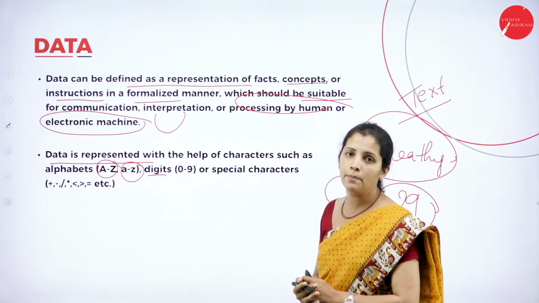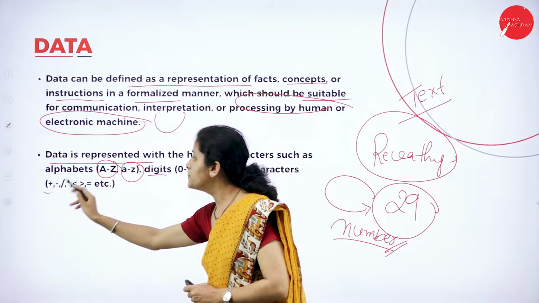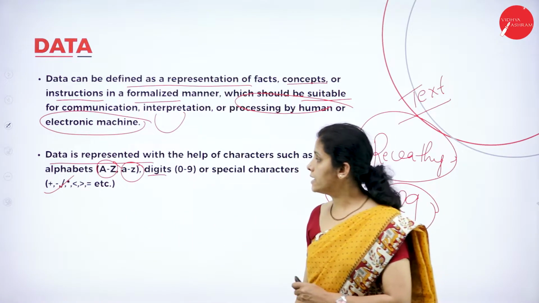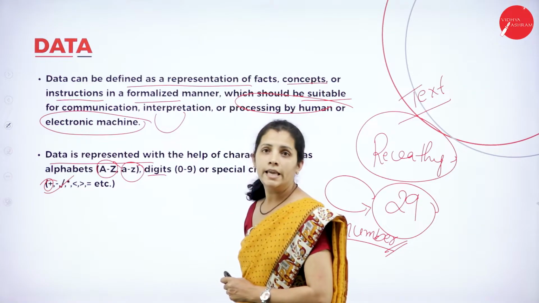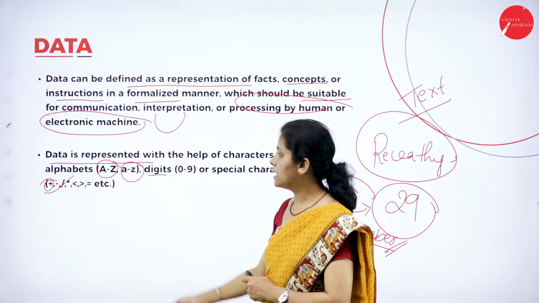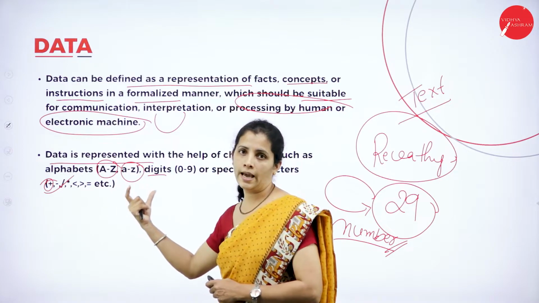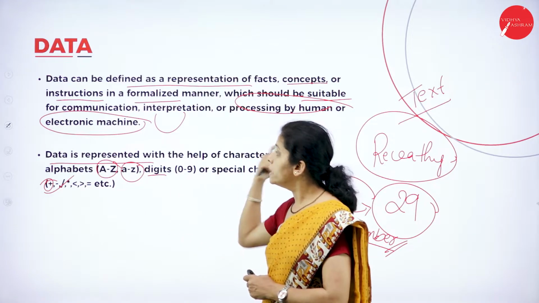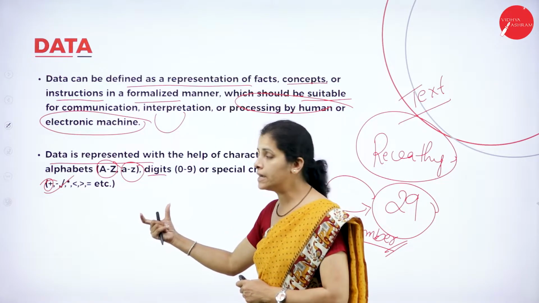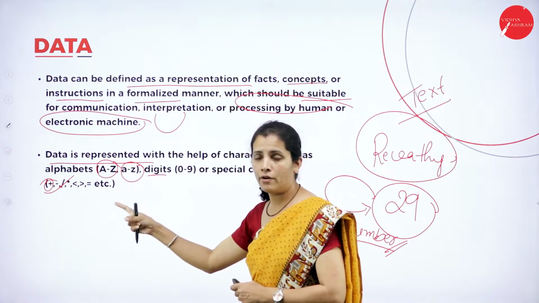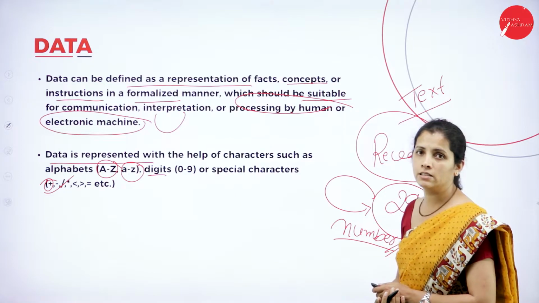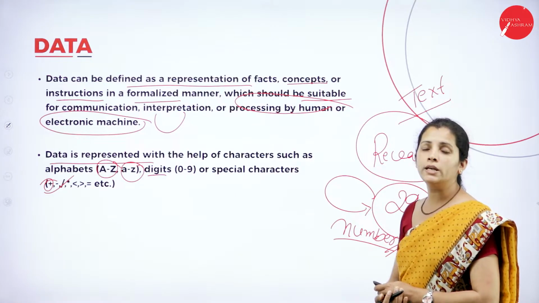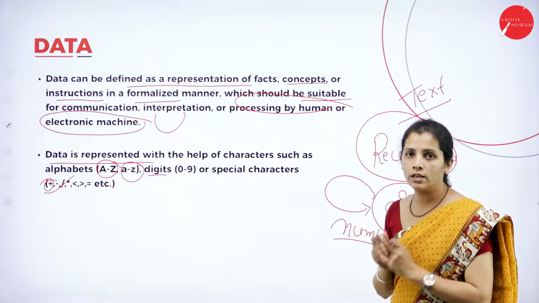Even I can use special characters like plus symbol, minus symbol, equal sign, etc. These are the special characters. So here data can be represented by using alphabets, digits as well as special characters.